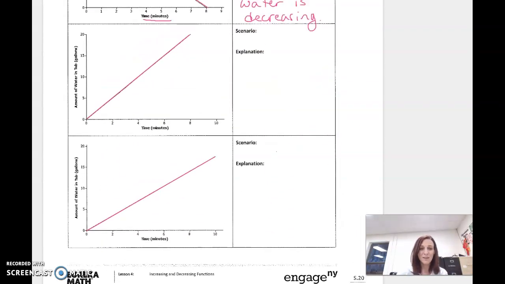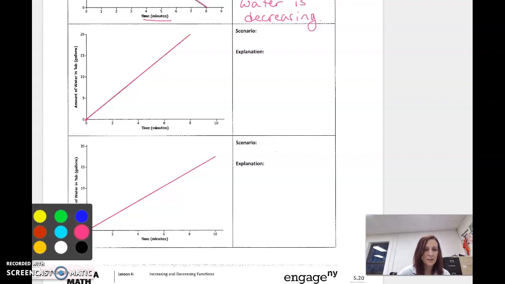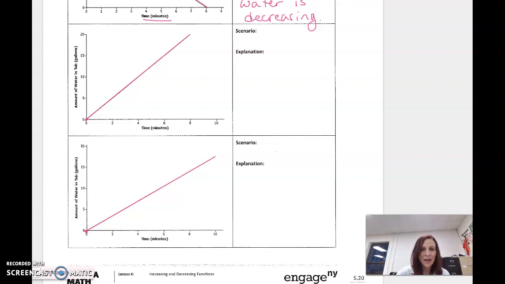If I look at both of these lines, notice they're both at 0, 0, okay? But at, let's say, 8 minutes, because I'm paying attention, I am like at 20 gallons, right? Here at 8 minutes, I am approximately, well, just below 15. I didn't draw my lines real great there, right?